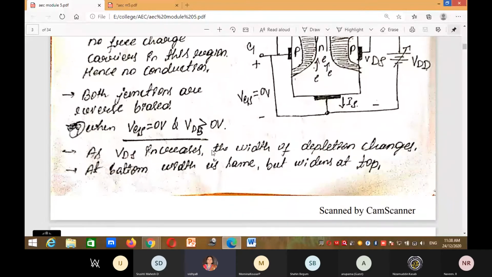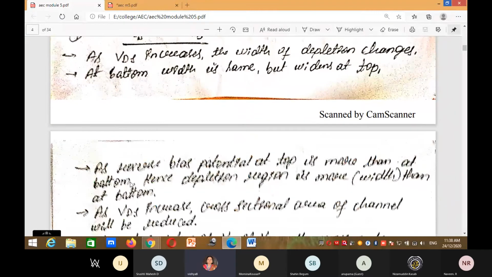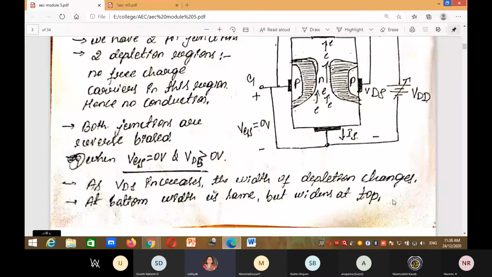As VDS increases, the width of the depletion region changes. At the bottom the width is the same, but the width at the top increases; it widens at the top.